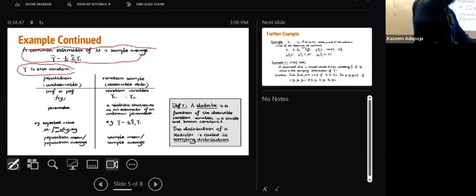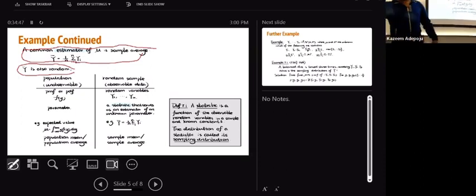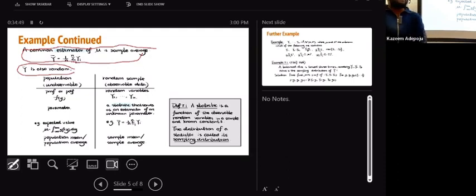Everyone is going to have different individuals because you are sampling at random. When you have different individuals, you're going to have different means.